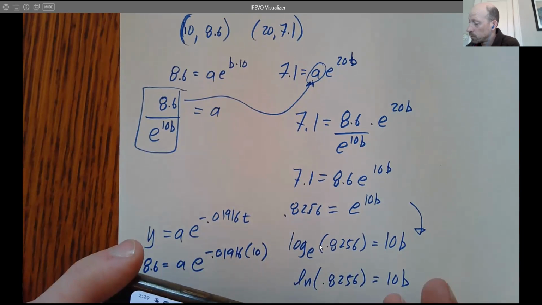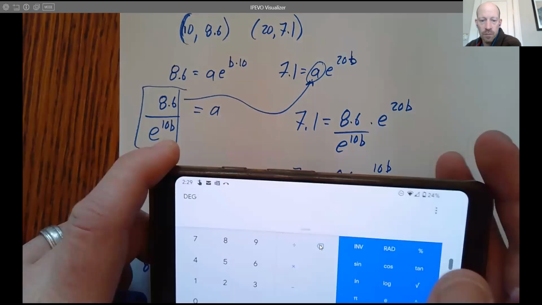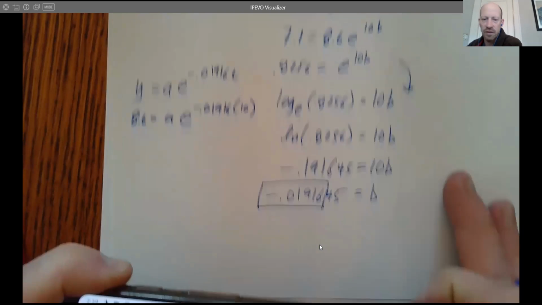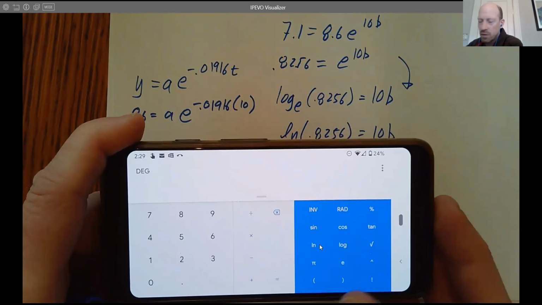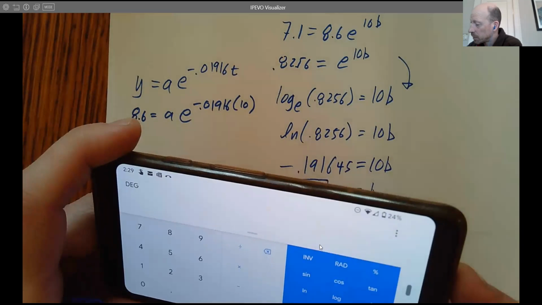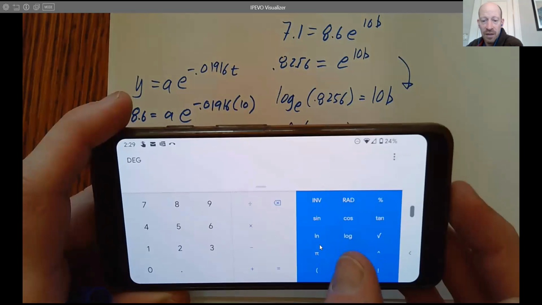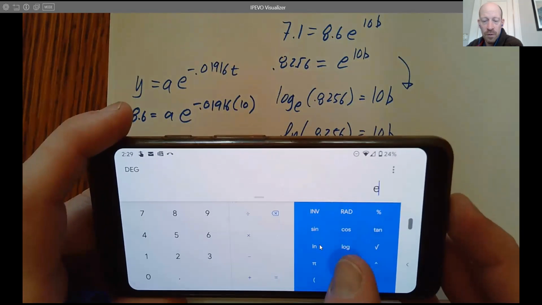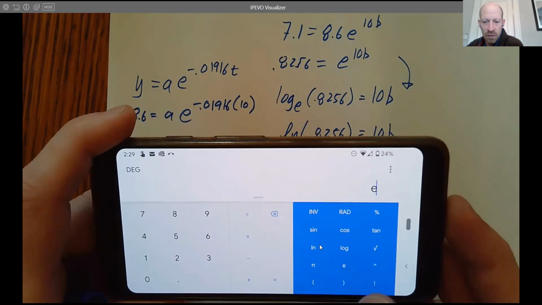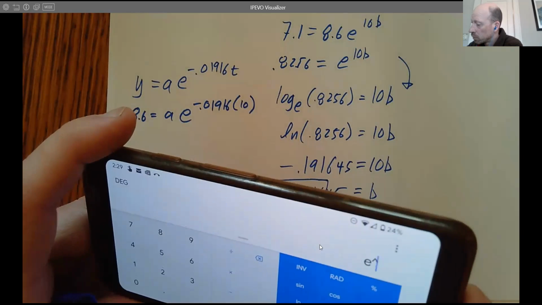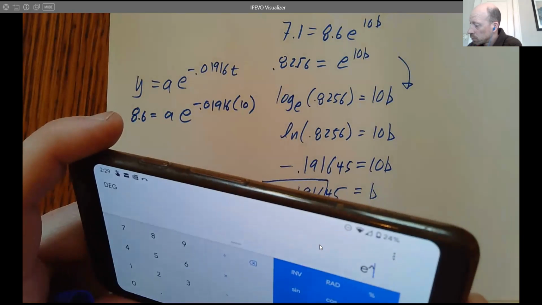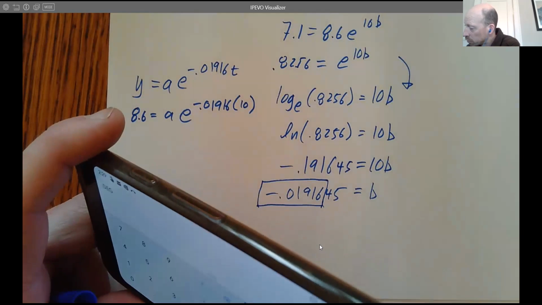Let me get this all on the screen for you, right? So I'm just going to start with this exponential. So right here, that's my E right there. E to the my negative.